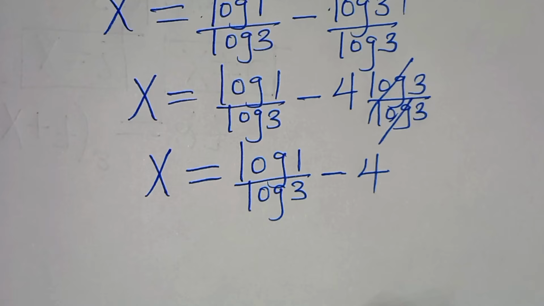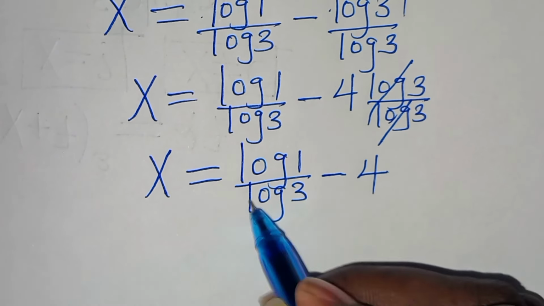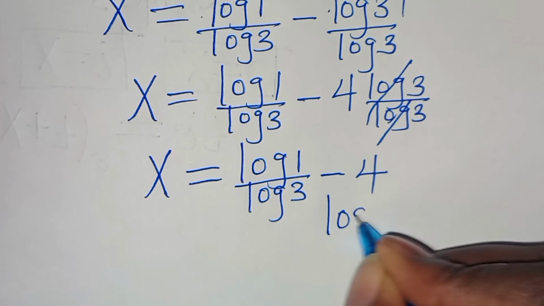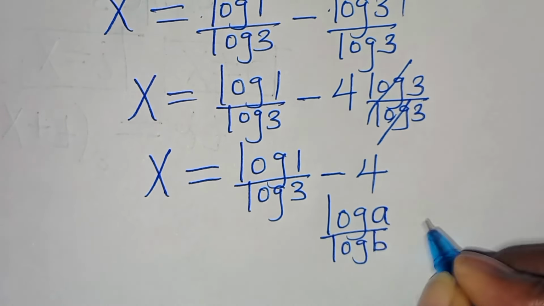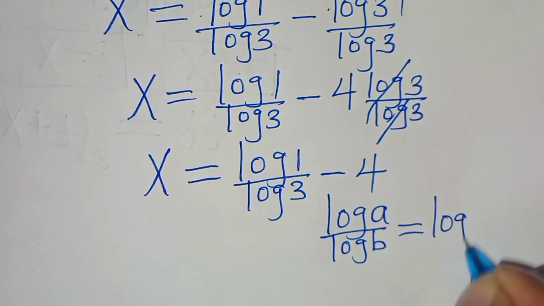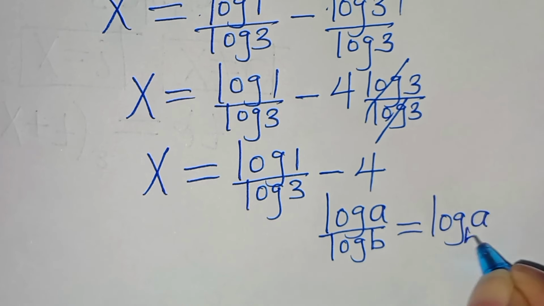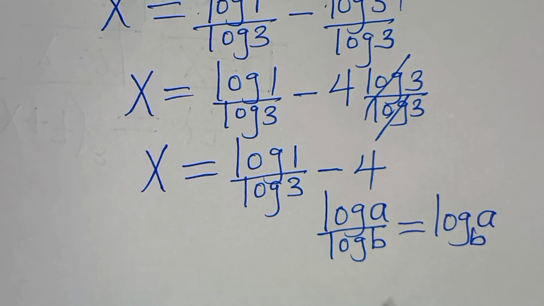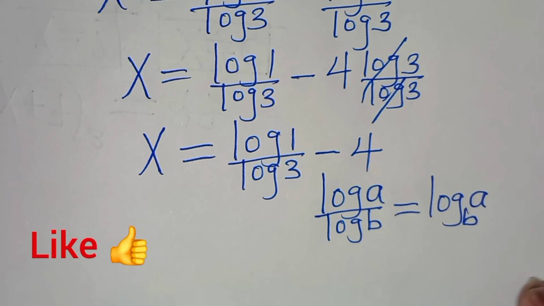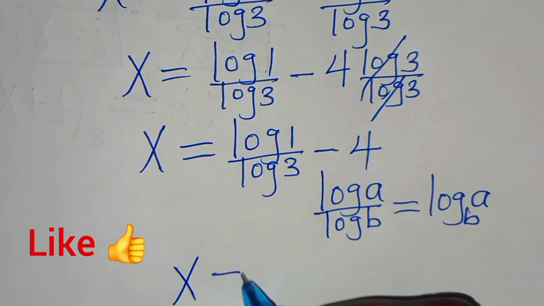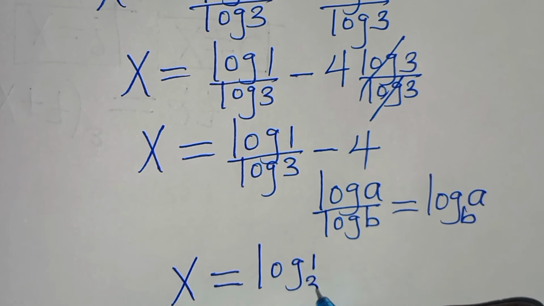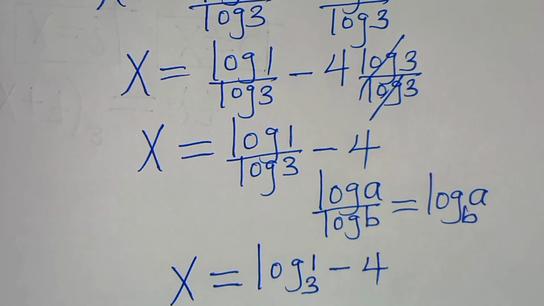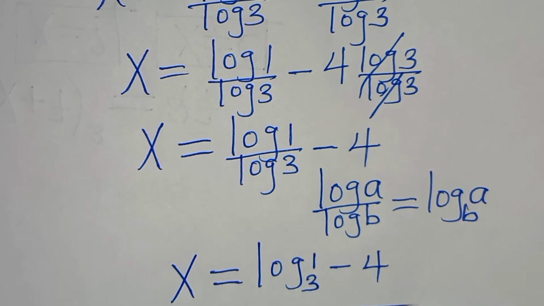The next step from here is that log 1 over log 3, this is in the form of log a divided by log b, which we can express as log a to base b. Applying this property, then we have that x is equal to log 1 to base 3 subtract 4. So this is the value of x.